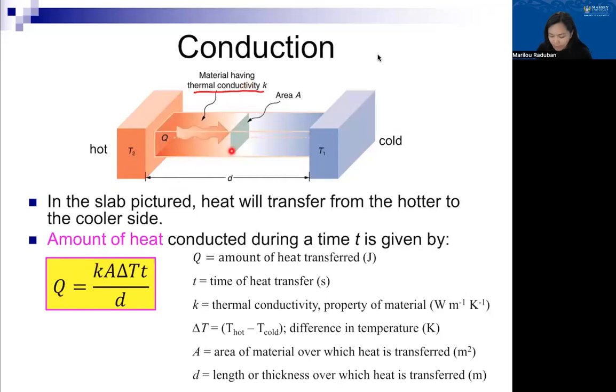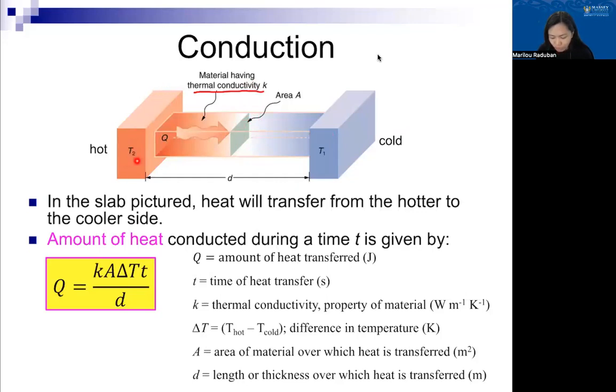Also, the larger the area that's in contact between the two objects, the more heat can be transferred between them. The important thing to remember here is that it's the area that's in contact that matters.